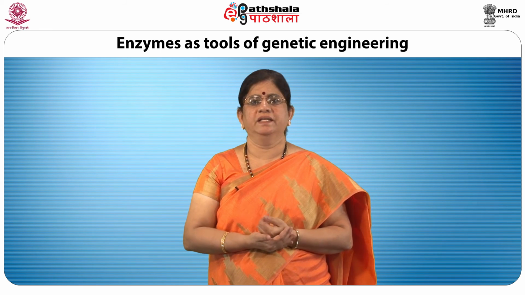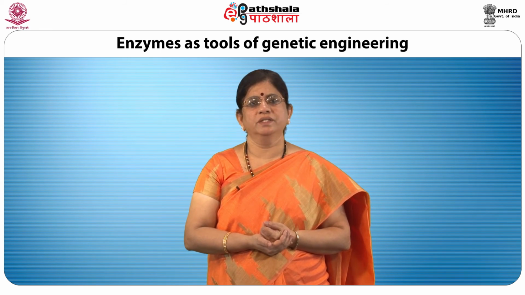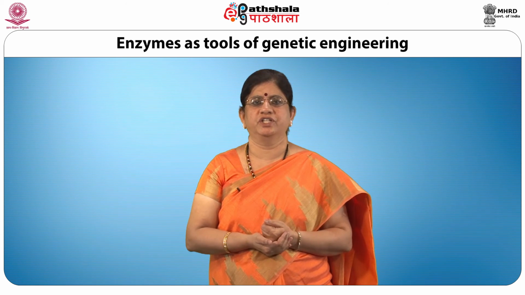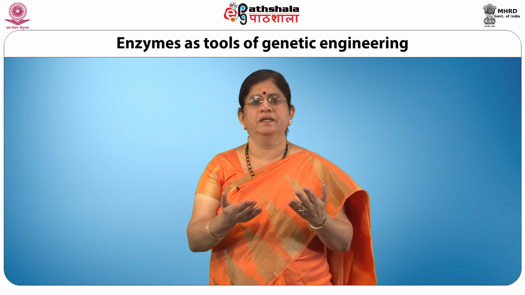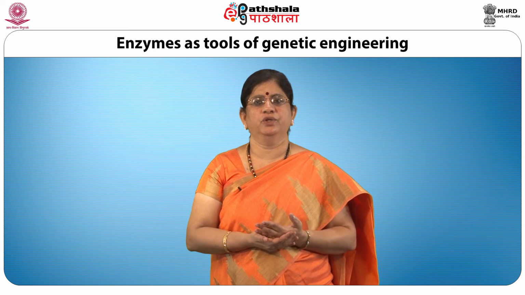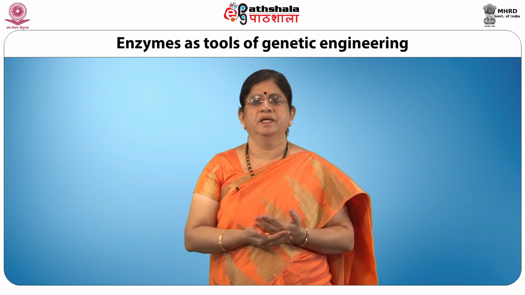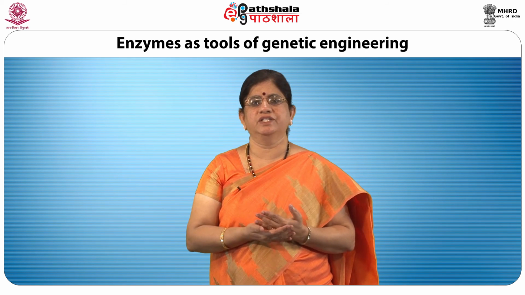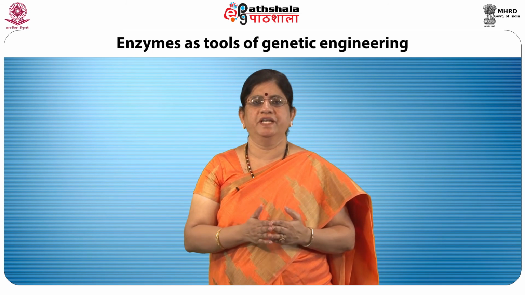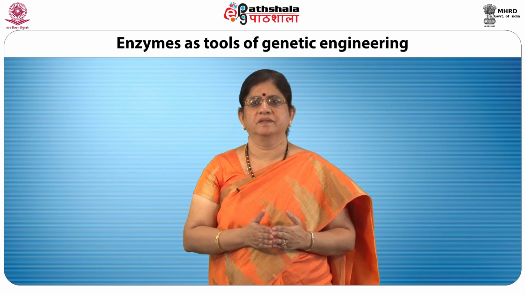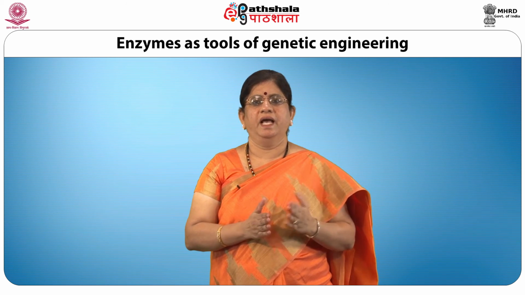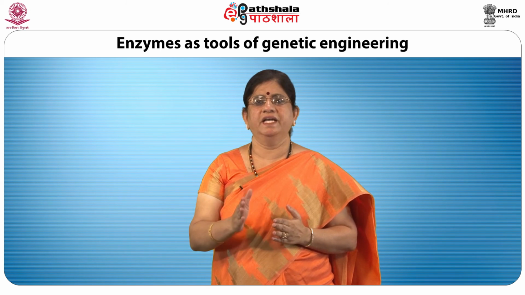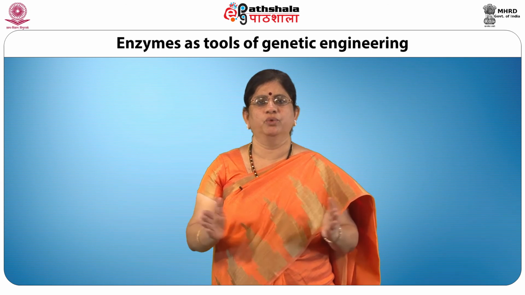Coming to alkaline phosphatase. What is the role of alkaline phosphatase in genetic engineering? It is an enzyme which is involved in the removal of phosphate groups. This enzyme prevents the unwanted ligation of DNA molecules, which is a problem usually faced in cloning experiments. When the linear plasmid DNA is treated with alkaline phosphatase, the 5' terminal phosphate is removed.